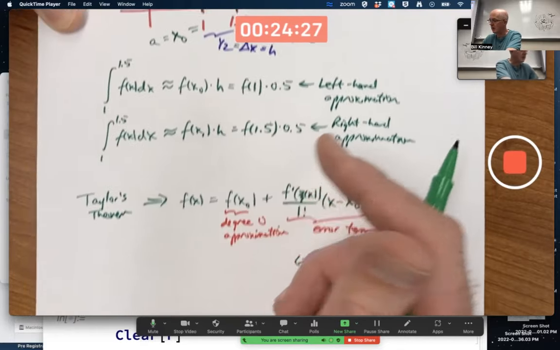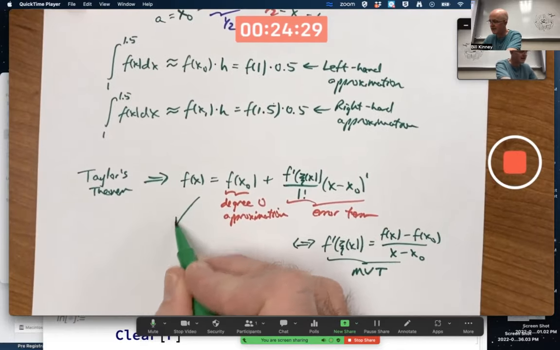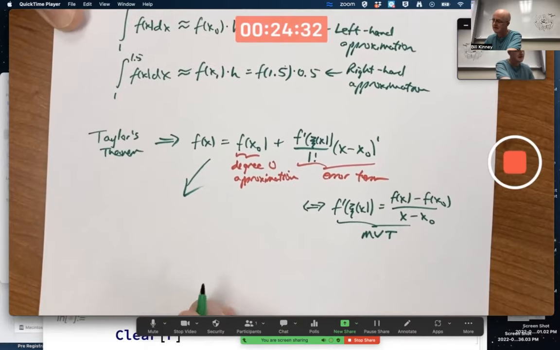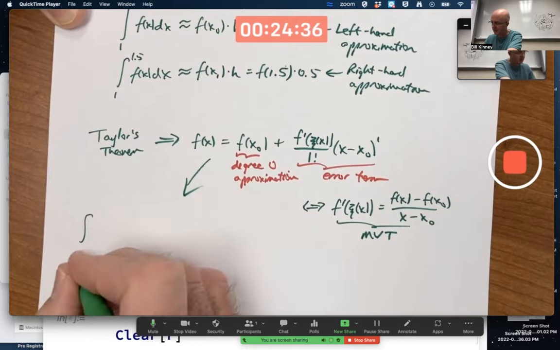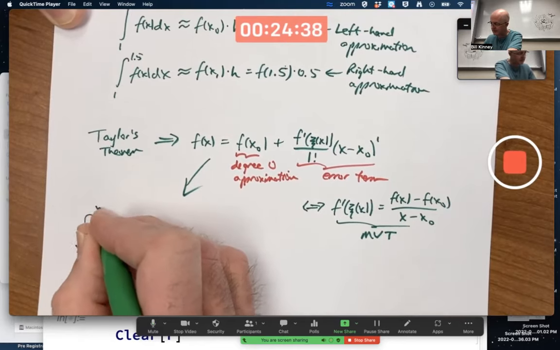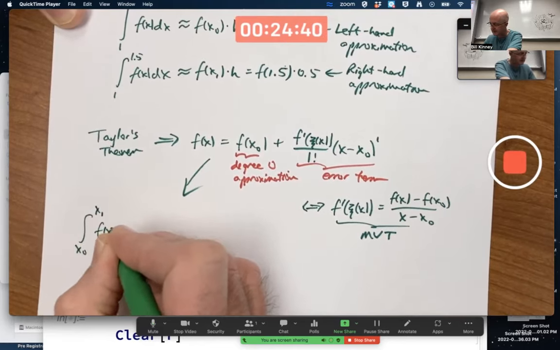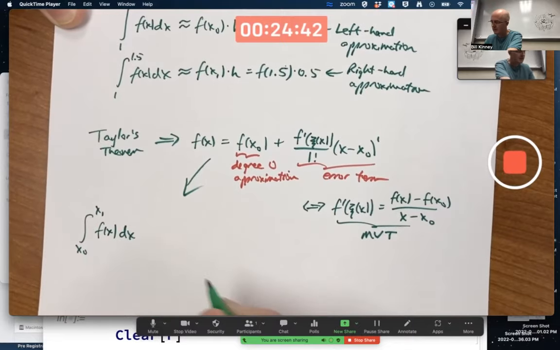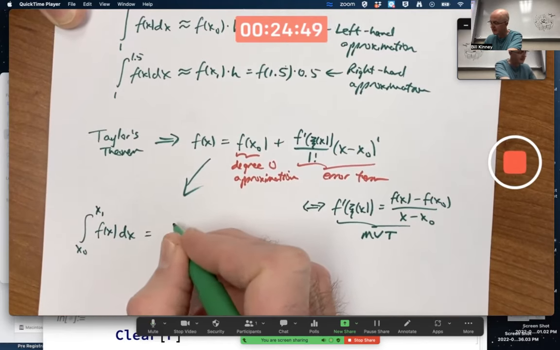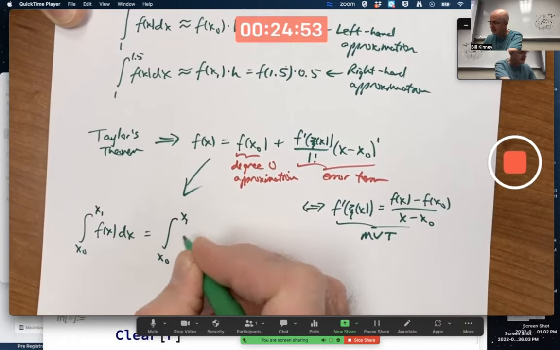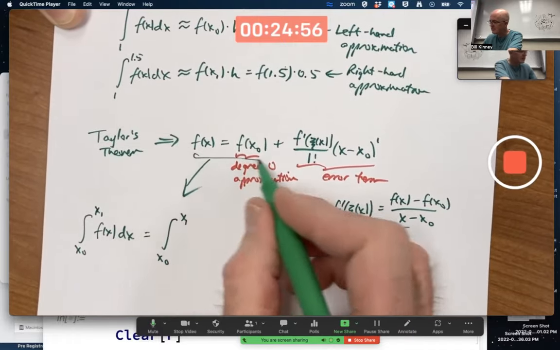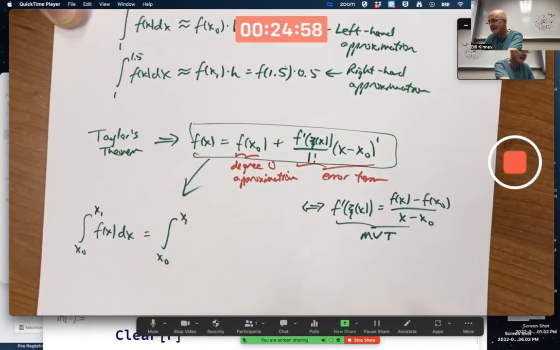So to get the error, what we're going to do is we're going to take this equation and integrate both sides. From a to b, or if you prefer, from x0 to x1. Which is the same as the integral from a to b, because a equals x0 and b equals x1. These things are equal. I don't know what c of x is, but that's okay.